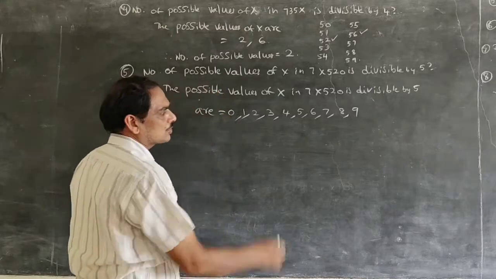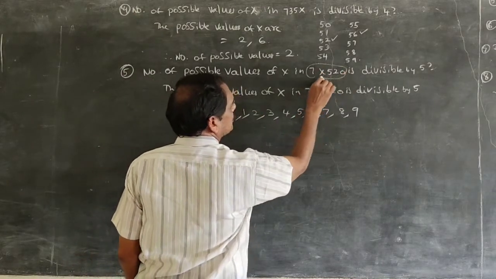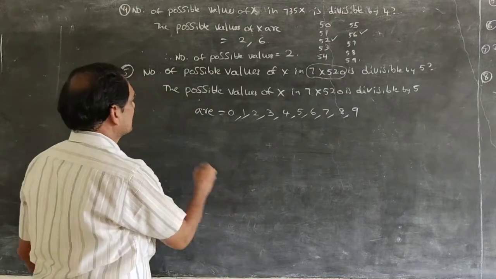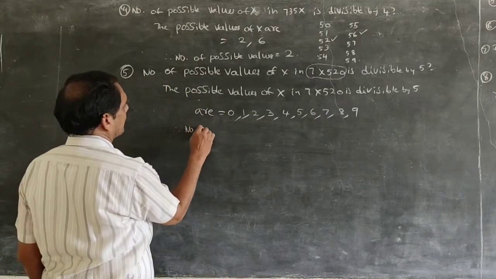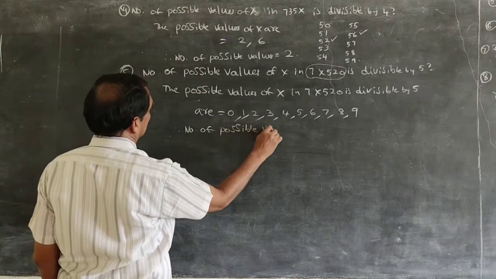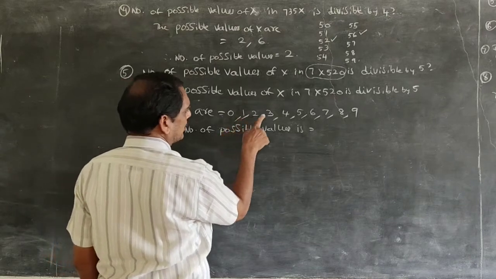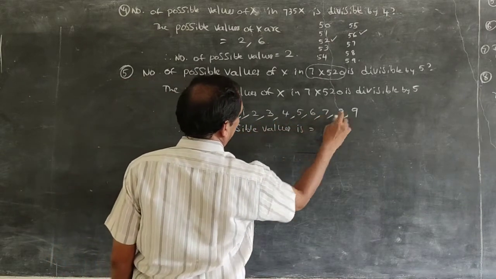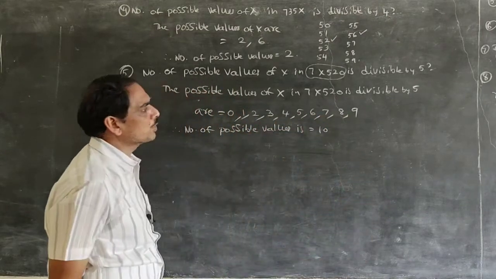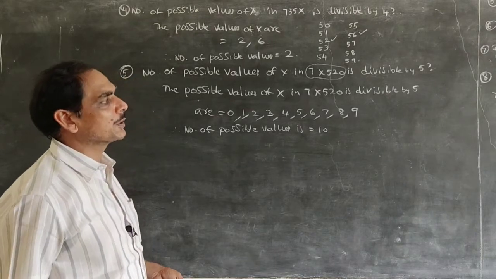For these values we substitute in the place of x, then this number is divisible by 5. So therefore number of possible values is equal to 10. So there are 10 possible values of x when 7x520 is divisible by 5.